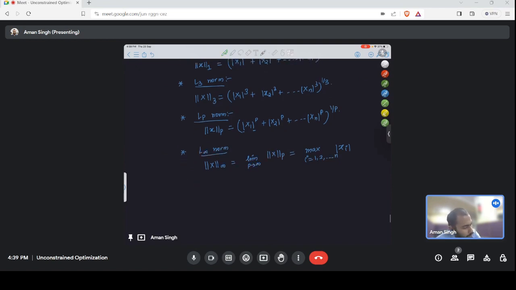There is a very important result in terms of norms that we'll use in optimization. I'll state the result here and then explain it.